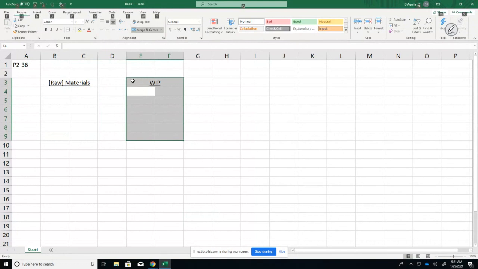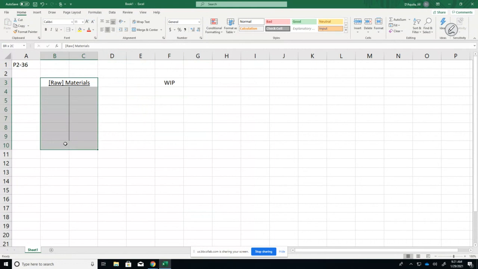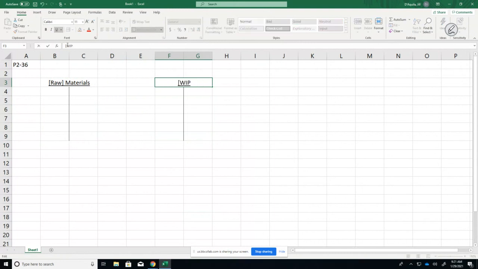Actually, I'm going to move it over. Work in process. Can I just write WIP and you'll know that that's work in process? Let's try that one more time. There we go. Work in process. Then we've got finished goods.